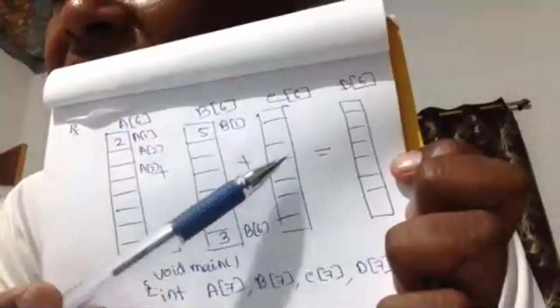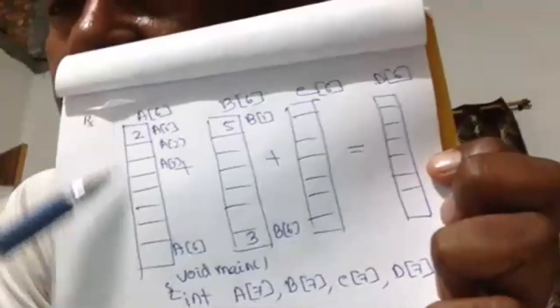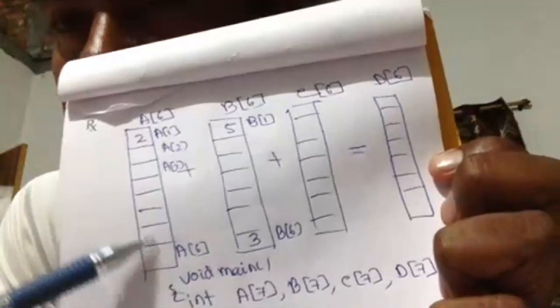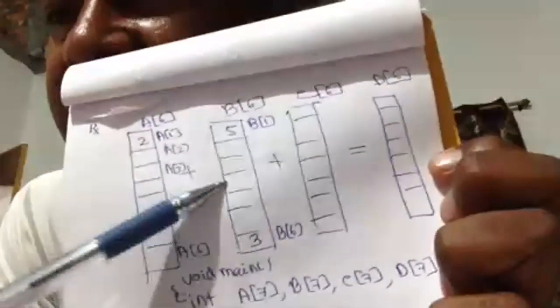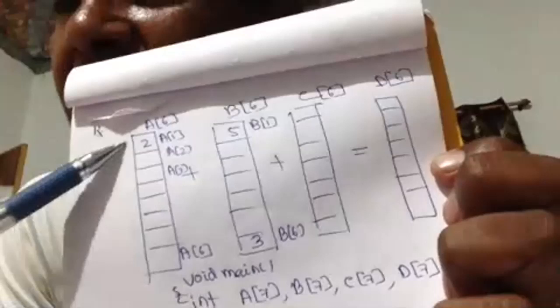Okay, so what is our intention? The intention is to add A plus B plus C. Where will it be available after adding? It will be available in D. So after adding these 3, how many data will be there? 6. That means I have to generate these 6 addresses again.